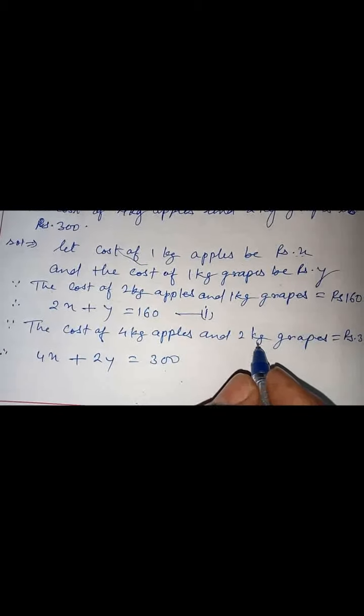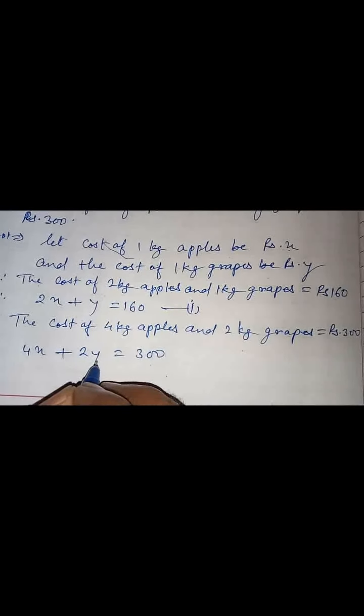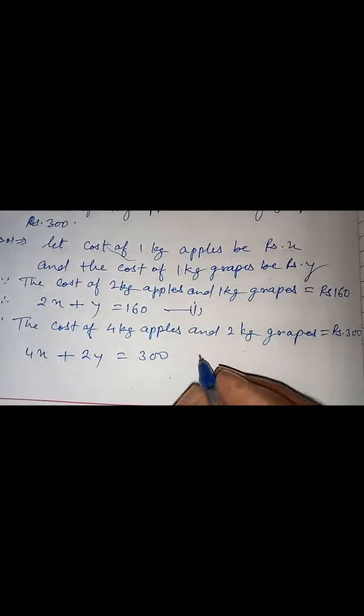So therefore equation will be 4x plus 2y is equal to 300. Here the quantity of apple is 4 kg, that's why it will be 4x, and the grapes is given 2 kg, that's why the price will be 2y. So this is a second equation.